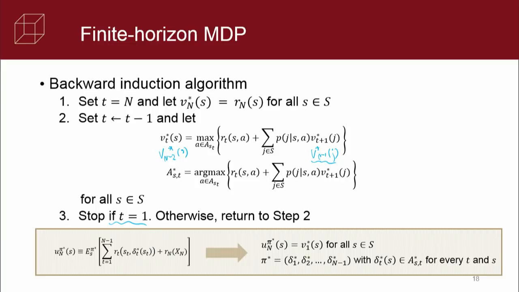As mentioned earlier, we can show that the optimal value at S is the same as U n pi star S for every S, where pi star is the optimal policy.